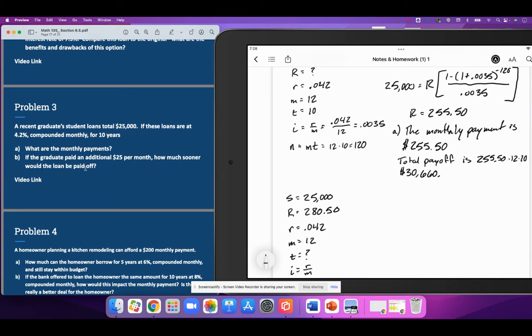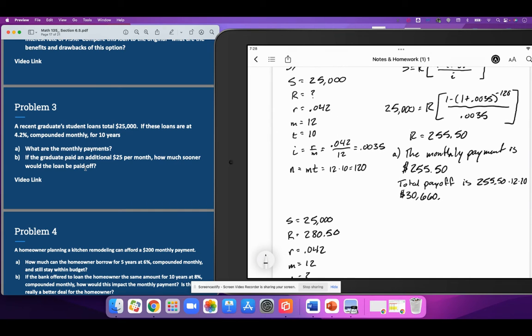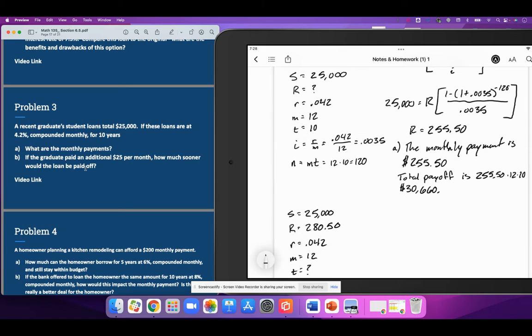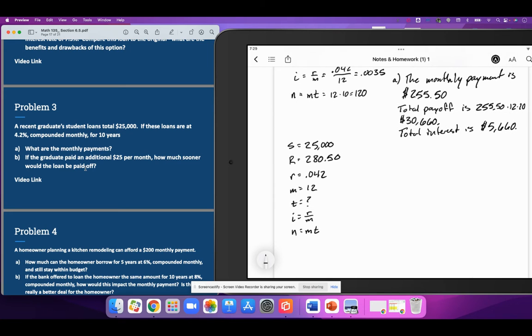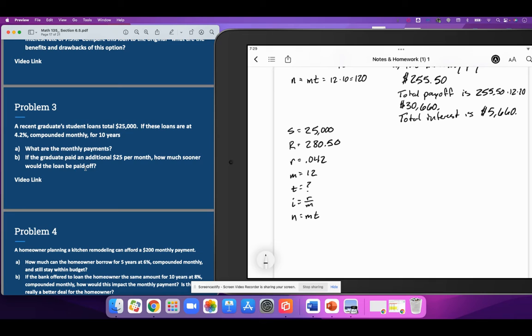And so in this, how much will this person pay in interest is the next question that we would be wondering. So this person will pay $5,660 in interest. So total interest is from $25,000 up to $30,660, a difference of $5,660. So it's going to cost them $5,660 if they go that route.